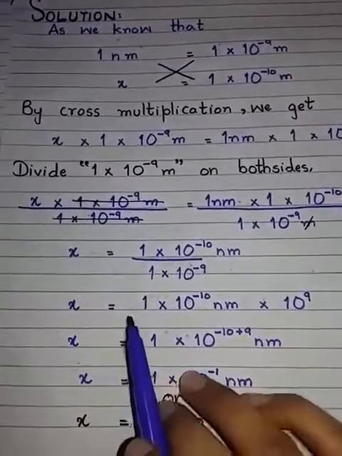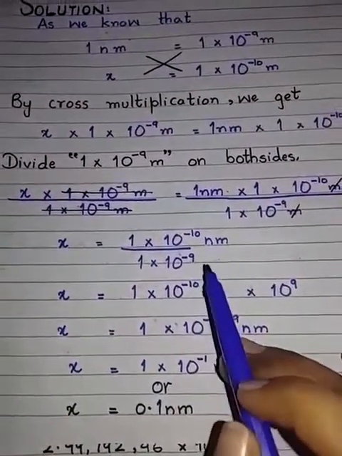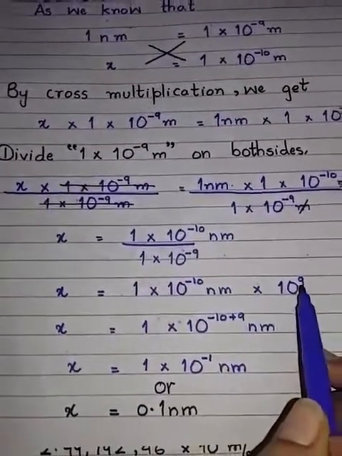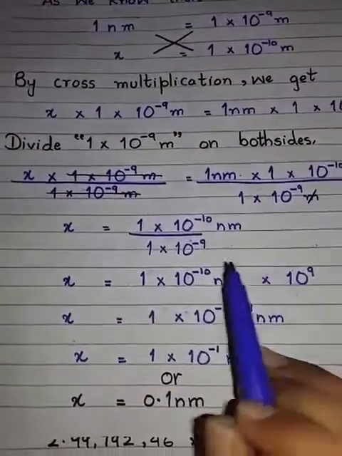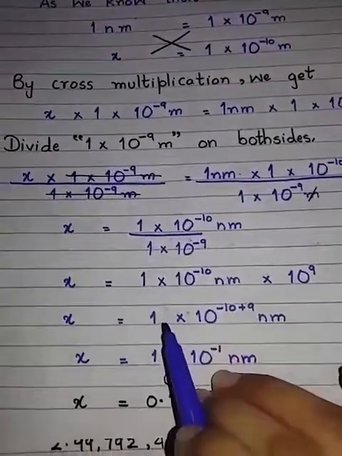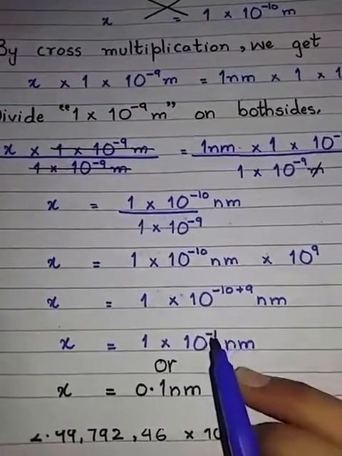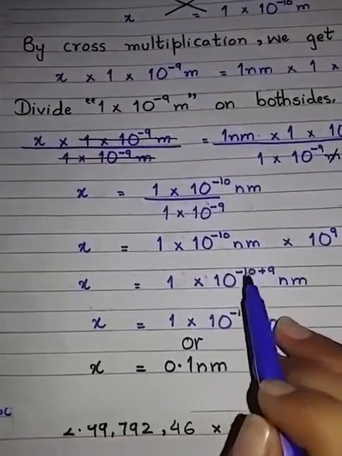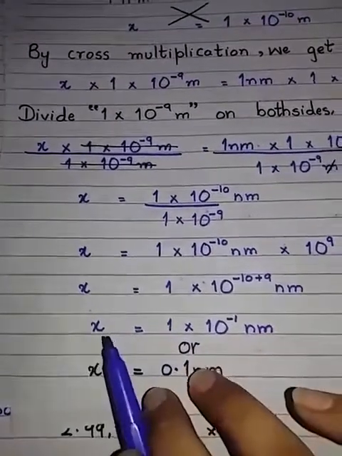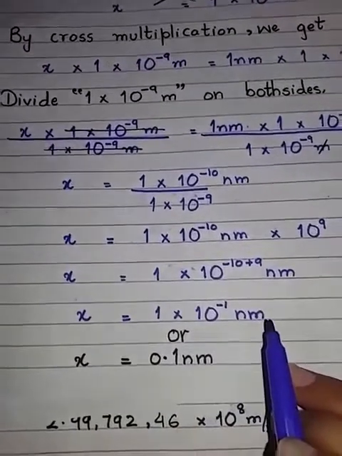So when we move this denominator toward the numerator, the power of 10 will be positive; the sign will be changed. So 1 into 10 raised to power minus 10 plus 9, plus minus minus. 10 minus 9 is equal to 1, and the sign will be negative. So x is equal to 1 into 10 raised to power minus 1 nanometer.